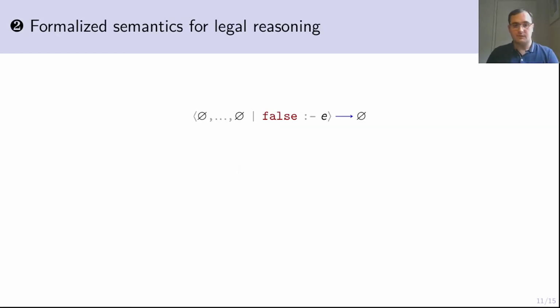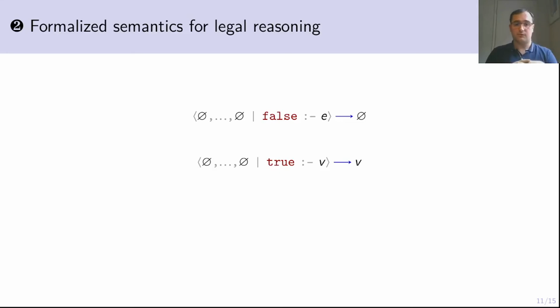On the left side of the default term you have the exceptions, and on the right side you have the base case. In the first case of evaluation, there are no exceptions, or they all evaluate to the empty error term, and the condition for the base case evaluates to false. Then the whole term evaluates to empty error, which means that this thing doesn't apply.